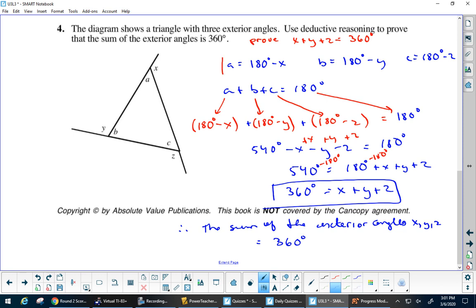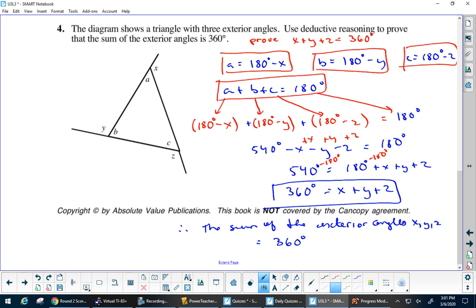So I took factual statements and proved that the exterior angles equal 360. They're very satisfying when you get these. We do a lot in 30-1 too, and sometimes they take like a whole whiteboard, but that's what students will say. It's very satisfying when you get those.